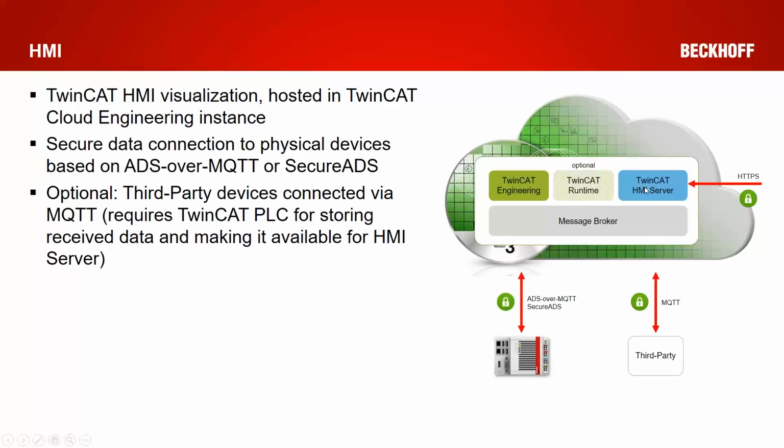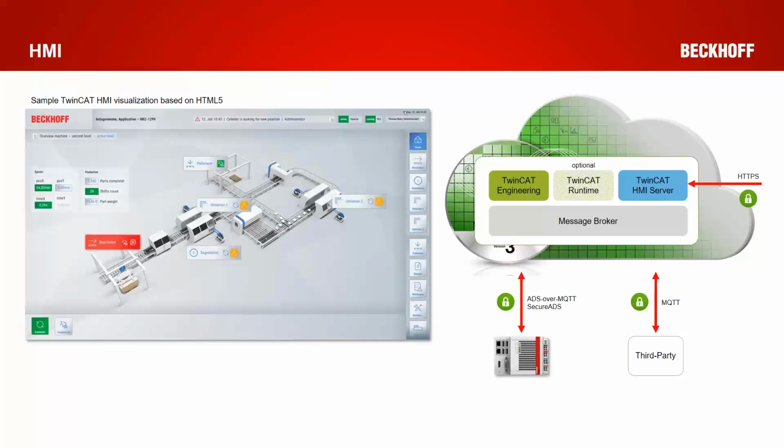And then you can pick up the data from the message broker either via a so-called TwinCAT HMI extension that is picking up the data via MQTT, or the regular way would be that the TwinCAT HMI server contacts the local TwinCAT runtime via ADS and gets the aggregated data from there. So both ways are possible, and everything can be done on the TwinCAT Cloud Engineering instance as well.